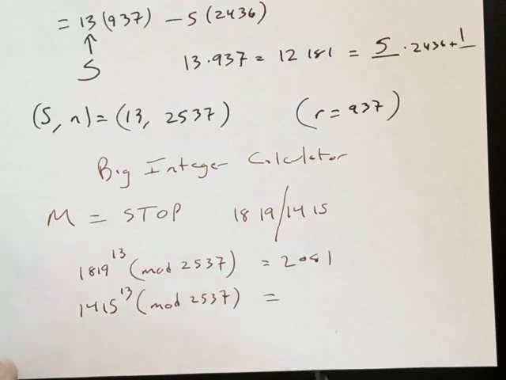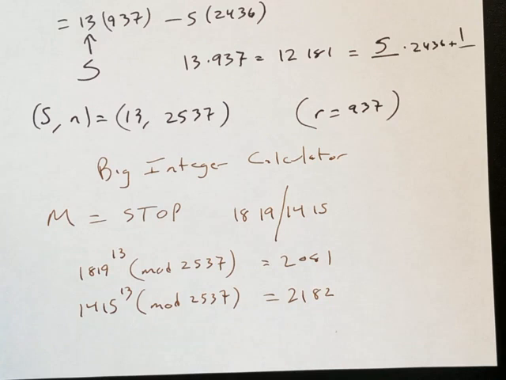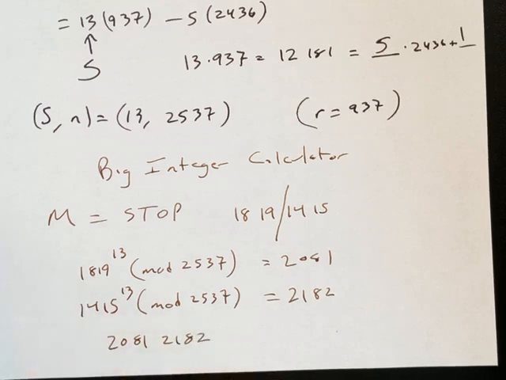Okay, question for you. If you intercept the message 2081 2182, if A is 0, how do I do 20? 81 mod 26?